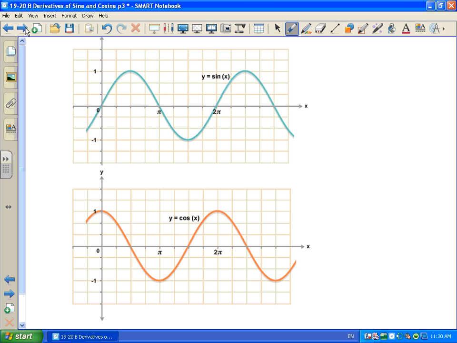If we go to sine x here and pick a point right here, we draw our tangent. The slope of the tangent here is 0, and if we look at the value of cos x, well, the value of cos x is equal to 0.